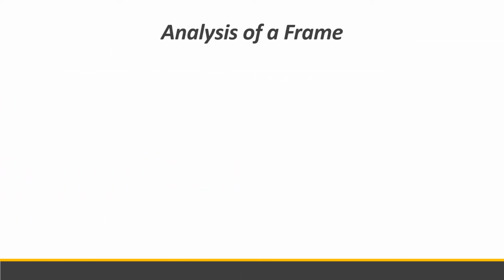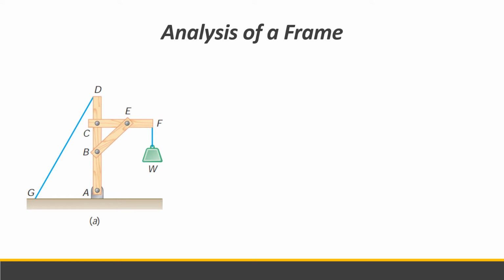Okay, so how do you analyze a frame? As a first example of the analysis of a frame, we'll consider the crane that we considered in the previous discussion on the truss. Basically, this structure is not a truss but a frame.